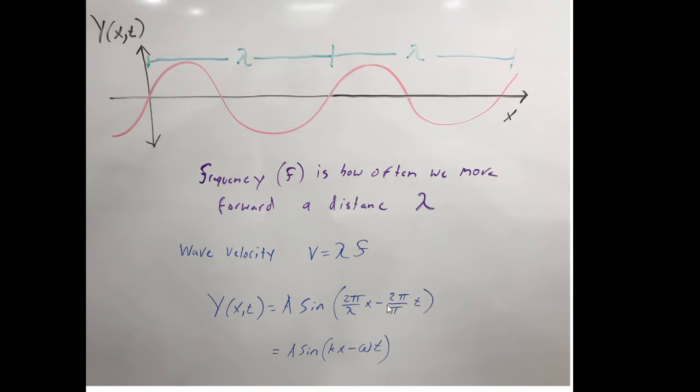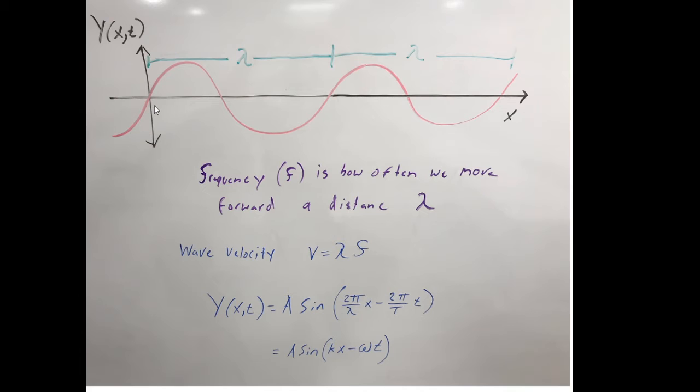Well, this negative sign sometimes can be confusing to people, but what it shows us is, if we look at our origin, and we're assuming that our wave is traveling to the right, as our wave travels to the right, our wave here is going to be crossing our origin.